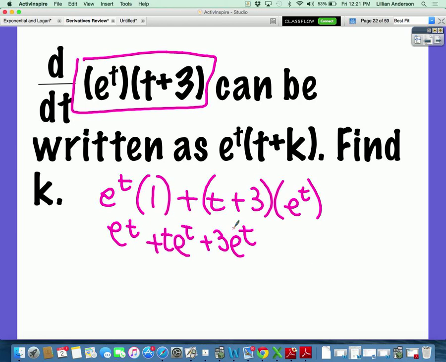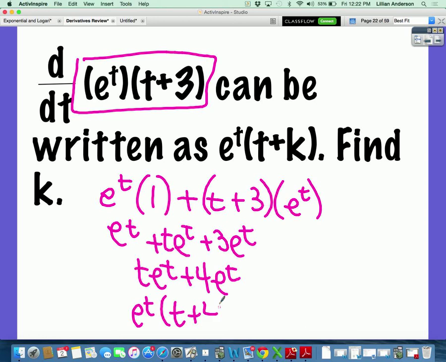Now combine the e to the t and the 3 e to the t to get t e to the t plus 4 e to the t. Since I have to write it as e to the t times (t plus k), take out an e to the t to get t plus 4, so k is 4. There you go. You guys get that?